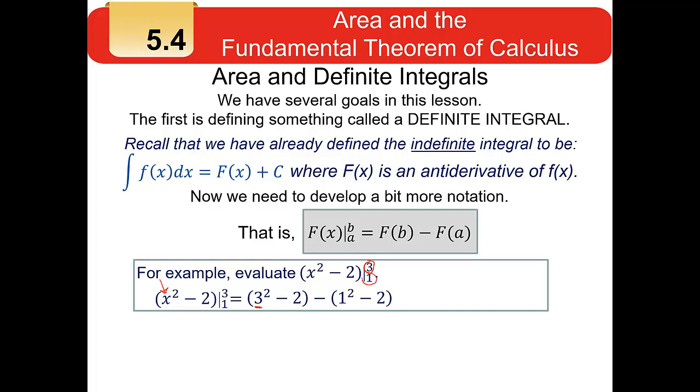Then you take the bottom number, this time a 1, and plug it in place of x, and you get 1 squared minus 2, and then you subtract those two results. So of course 3 squared minus 2 is 7, 1 squared minus 2 is negative 1, and you've got a minus, so that becomes 7 plus 1, which is 8.